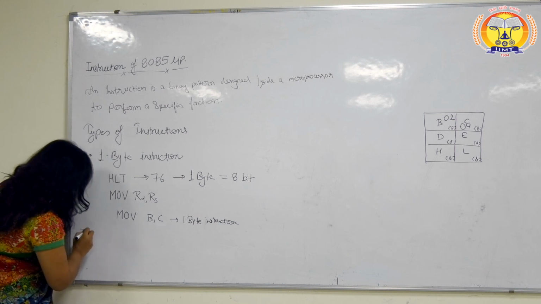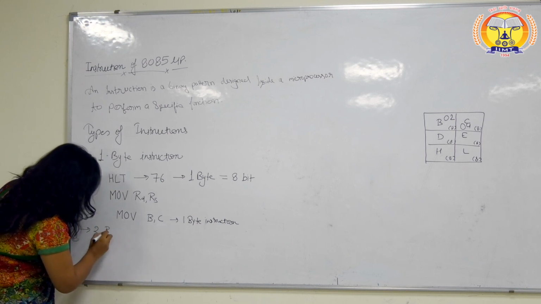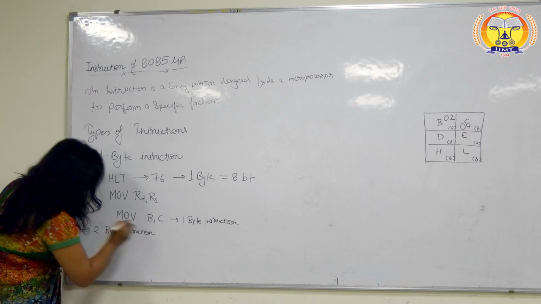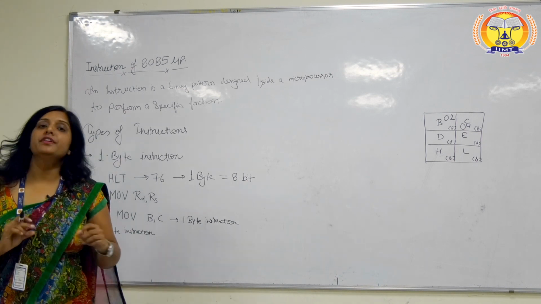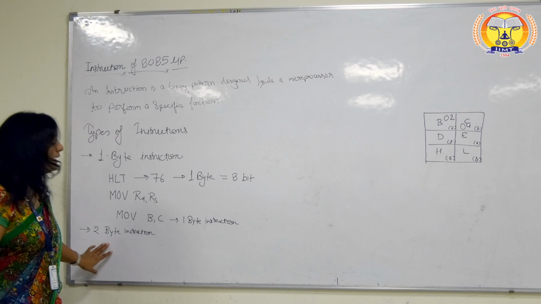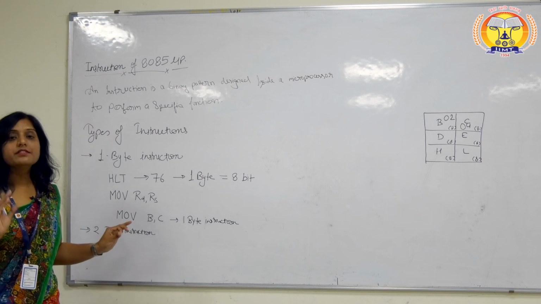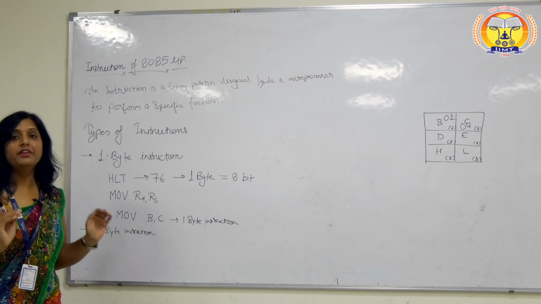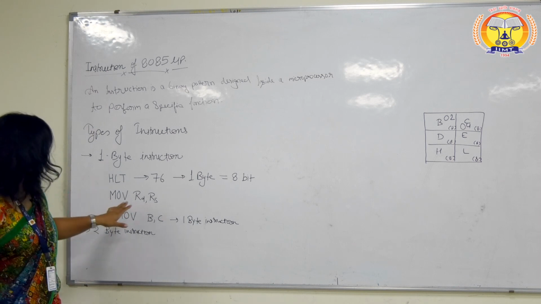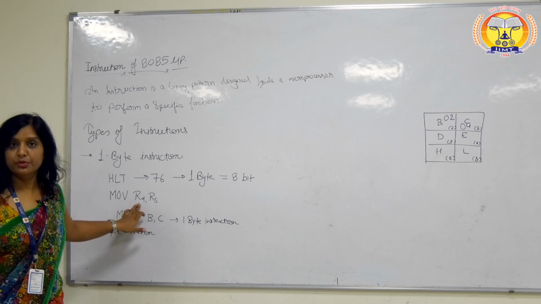Now next one is 2 byte instruction. Now what is the difference between 1 byte instruction and 2 byte instruction? 2 byte instruction contains always 8-bit data with that kind of operation codes.